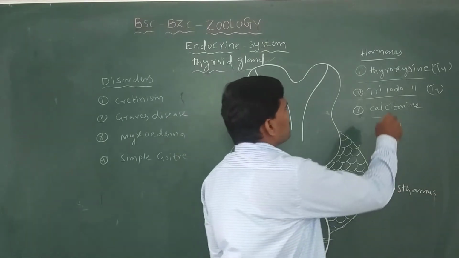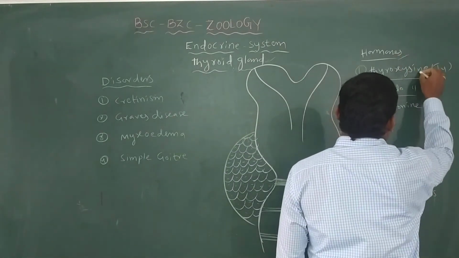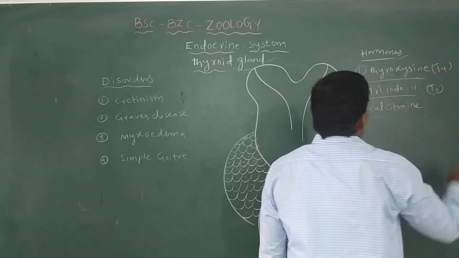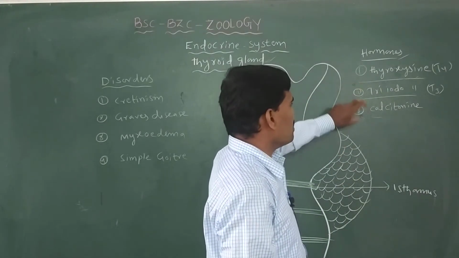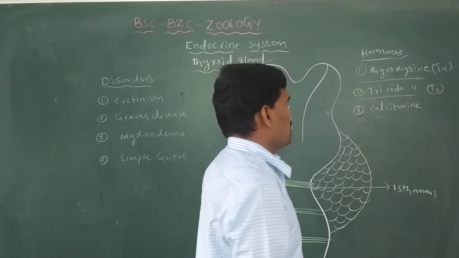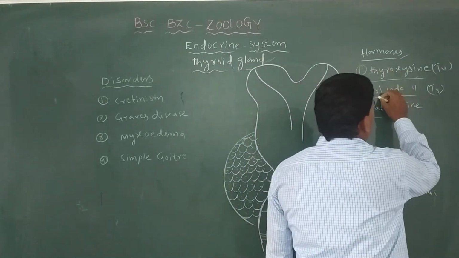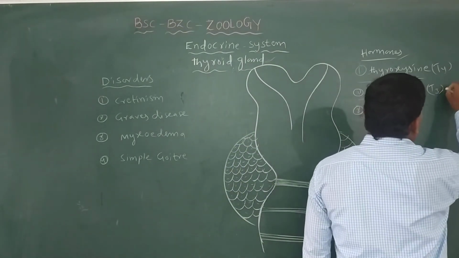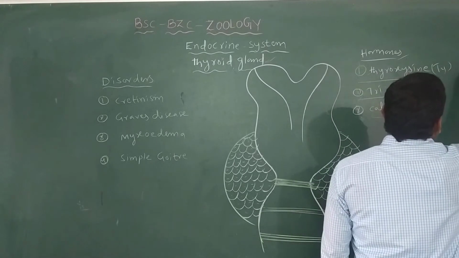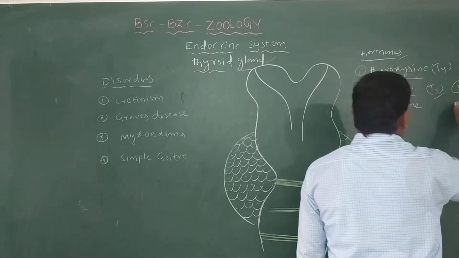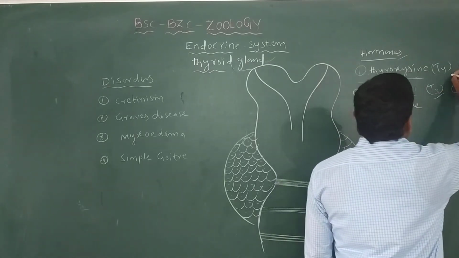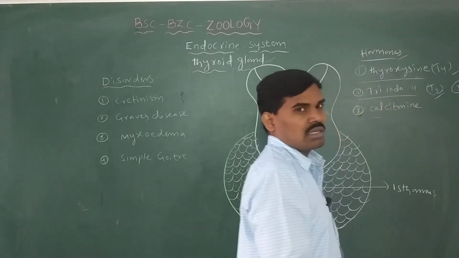First, thyroxine; second, triiodothyronine; and calcitonin. Thyroxine has four iodine molecules, and triiodothyronine has three iodine molecules, hence the name triiodo. This is tetraiodothyronine.